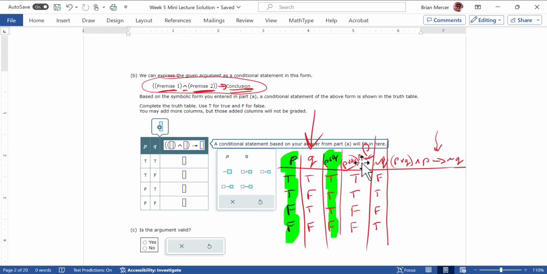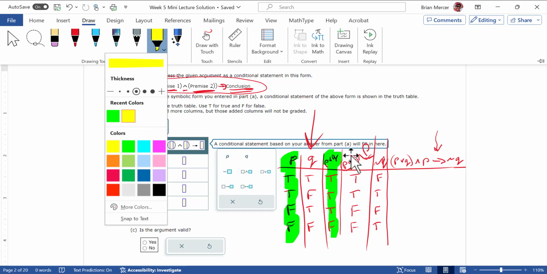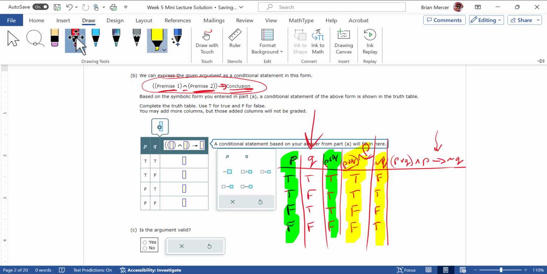Now I'll switch colors to yellow. I'm focusing on this column as the left side of my conditional and this column as the right side of my conditional. And so I'm saying true implies false.